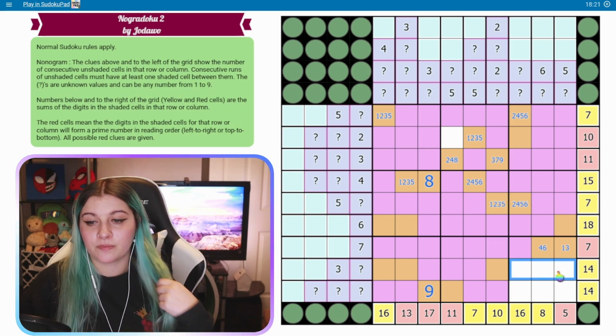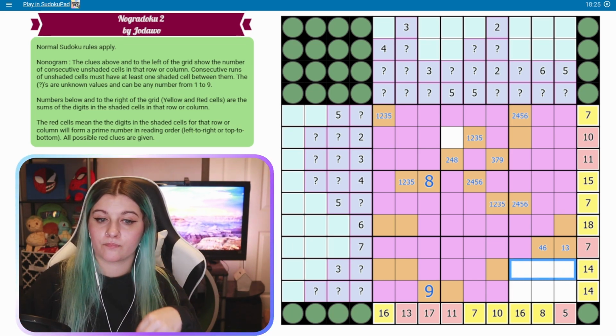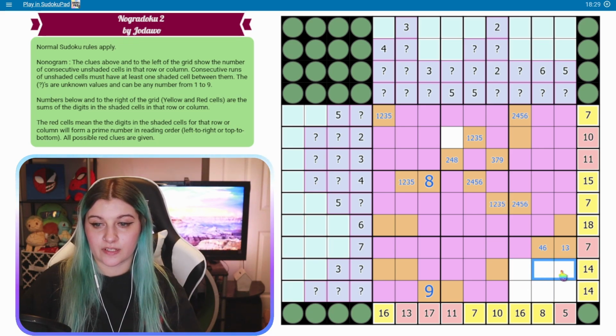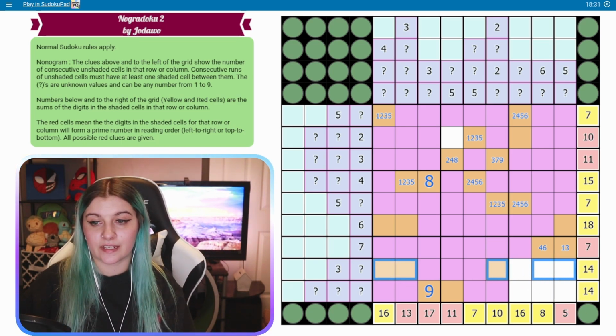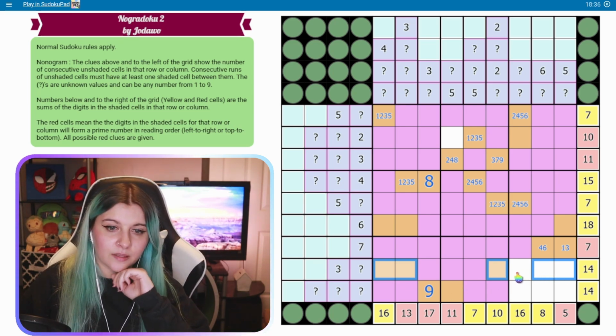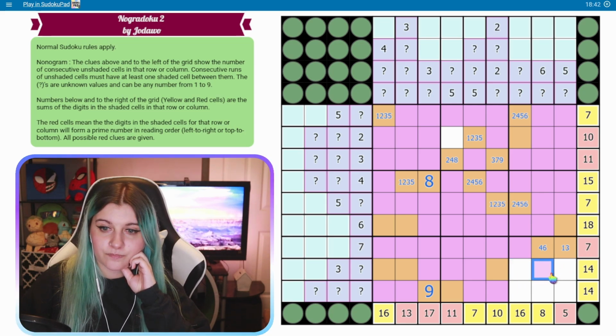I could have up to 2 more cells here. I don't want 2 more orange cells here because 5 different cells at a minimum is 15, which is too big for 14. So the pink spot here needs to be 2 cells at least. So this is definitely pink. There's a start.